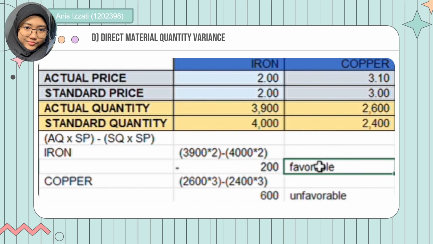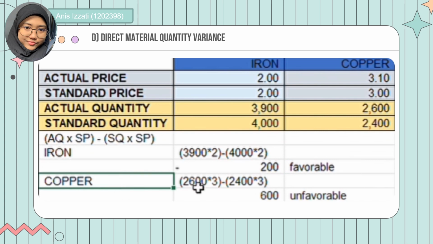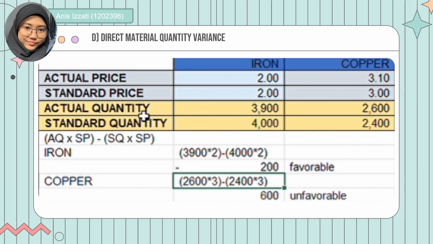It is favorable. Okay. So copper 2,600, the actual quantity for copper times 3, the standard price. Another one is 2,400 times 3, the standard price also. And then we will get 600 unfavorable. So here we look at the quantity, 3,900, and then here is 4,000. This is for iron.